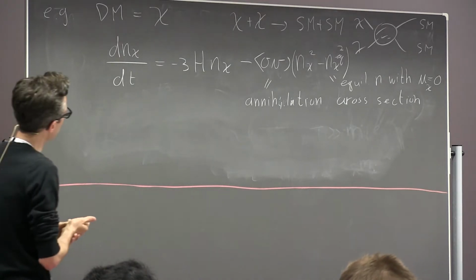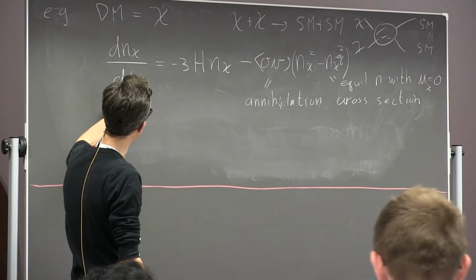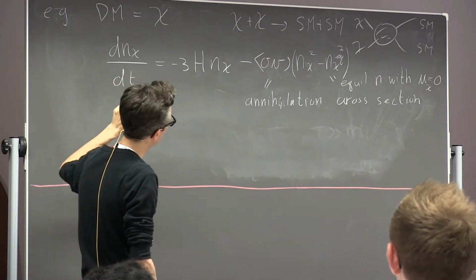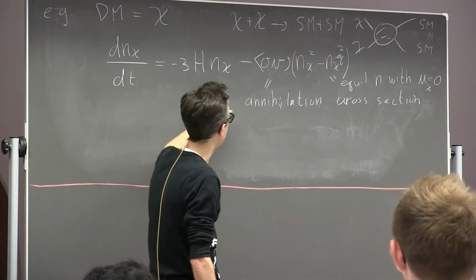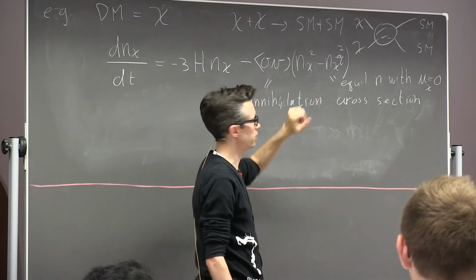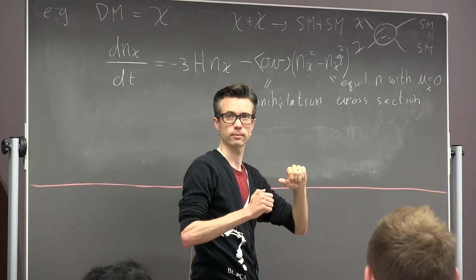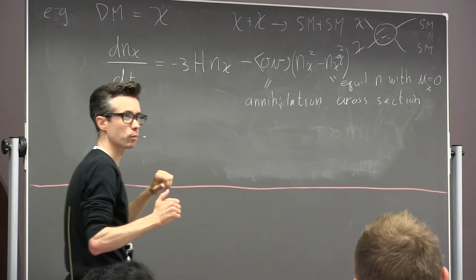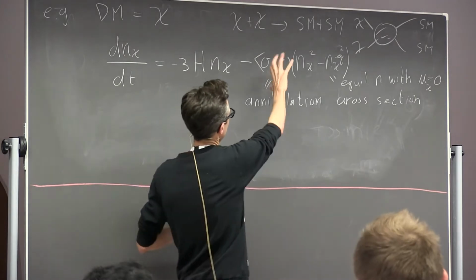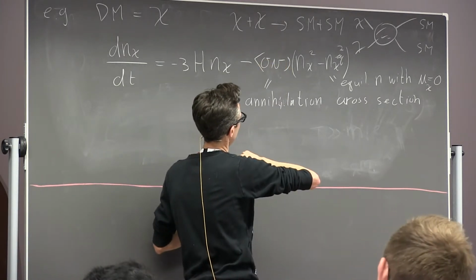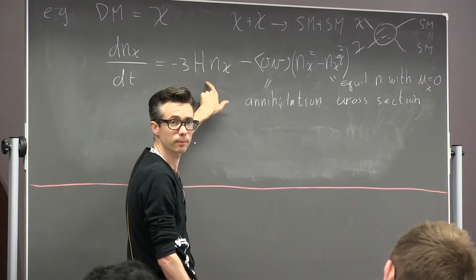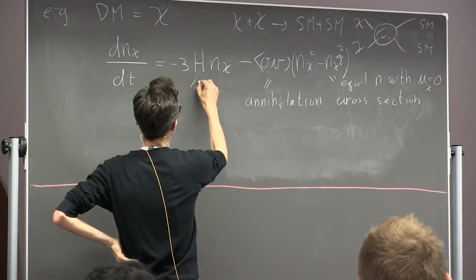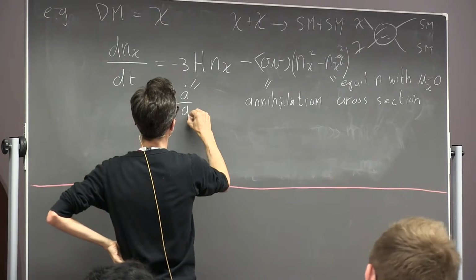So what this equation says is the rate of change of the number density of my chi particle has two contributions. It has one contribution that goes like Hubble, and it has another contribution that depends on the annihilation scattering rate. Let's think about this in two limits. Suppose I turn off the scattering. If I turn off the scattering, I only have this term, and my H, if you recall, is just a dot over a.